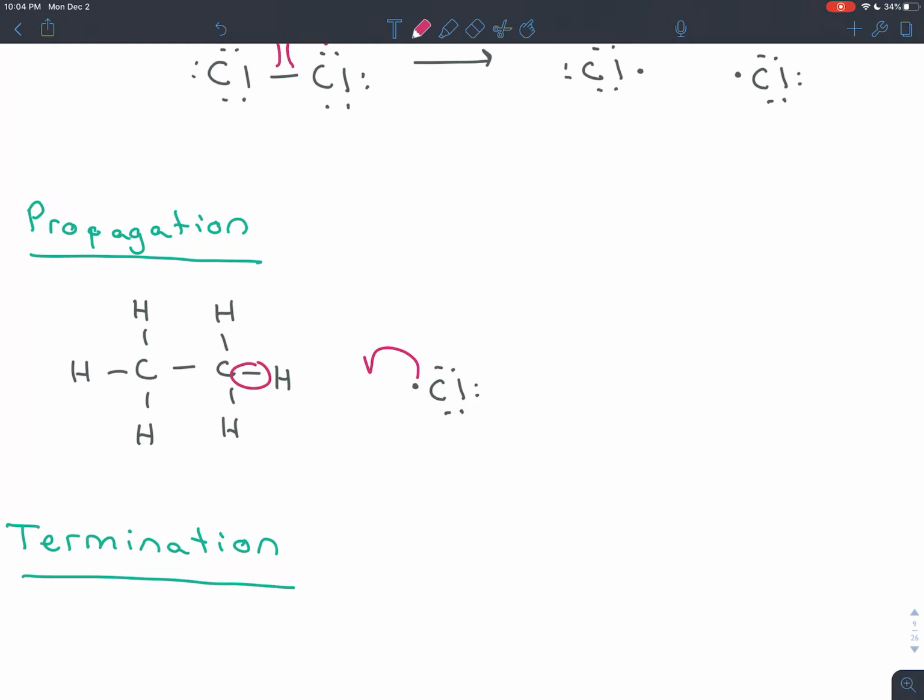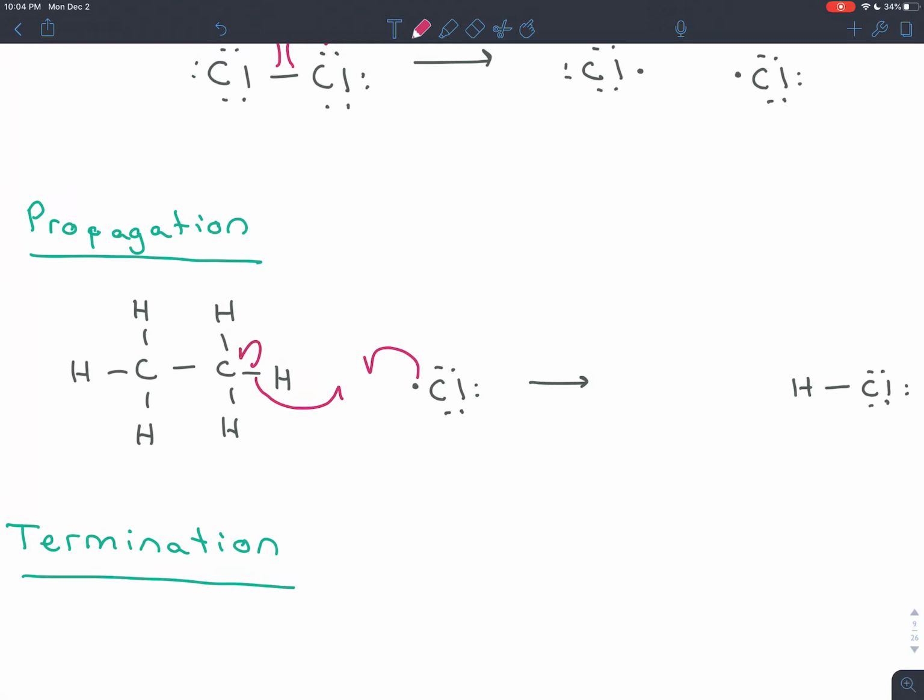So the hydrogen has these two electrons associated with it. One of them gets stolen and gets contributed to the new bond that you're forming. So these two fishhook arrows are going to represent the creation of a bond between the hydrogen and the chlorine. At the same time, the bond that is breaking between the carbon and the hydrogen has two electrons in it, and we are only showing what happens to one of them.